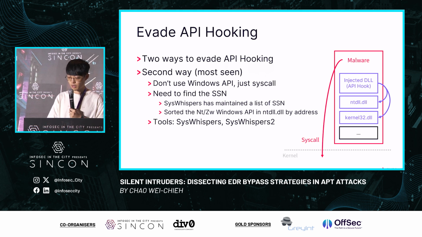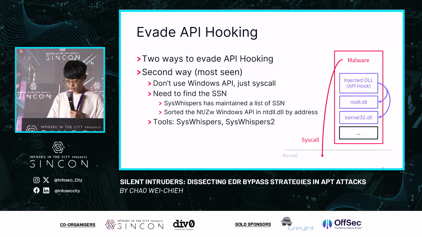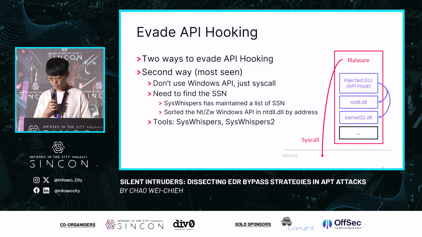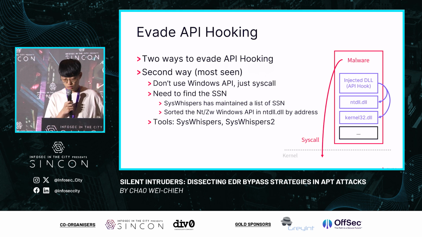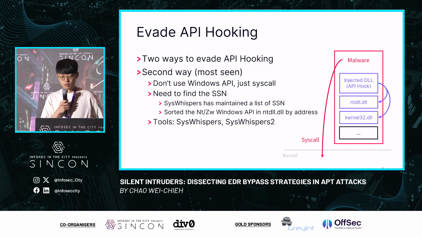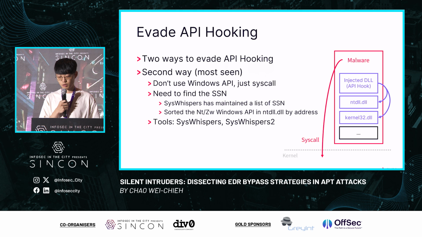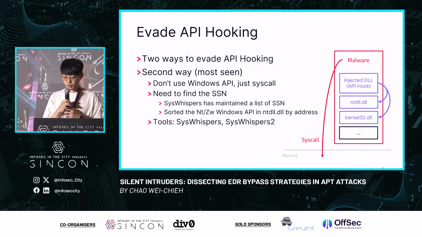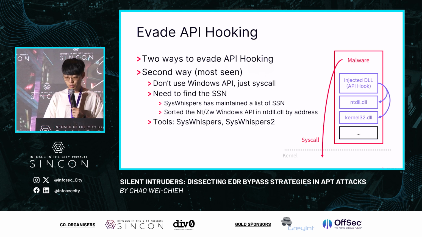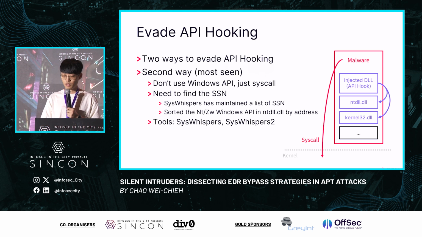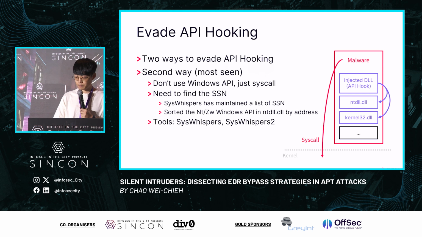The SSN is the syscall number. For example, the tool SysWhispers maintains a list of SSNs between different versions of Windows. So we can use this maintained list to do syscall based on the different version of the target environment. Another way is to sort the Windows API functions in the NTDLL by their address.